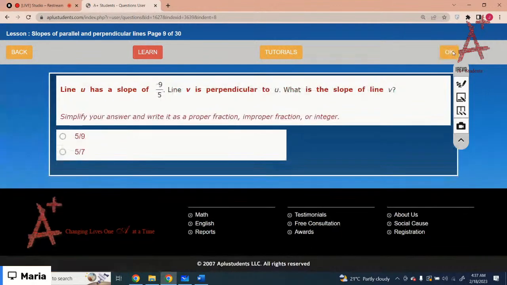Okay, the next one. Line U has a slope of negative 9 over 5. Line V is perpendicular to U. What is the slope of line V? So which is the correct option?